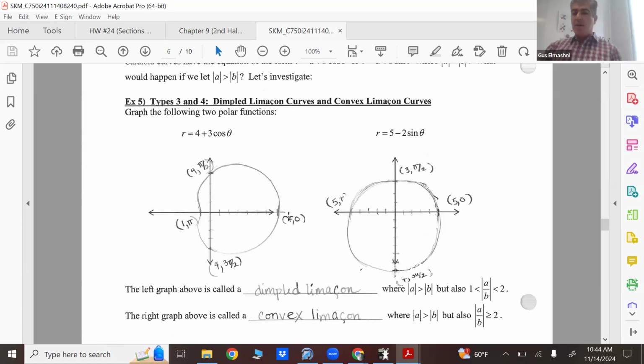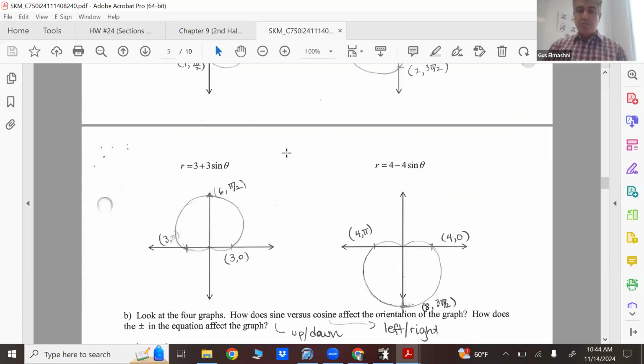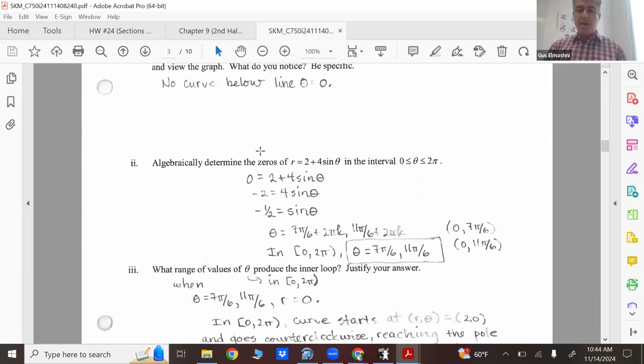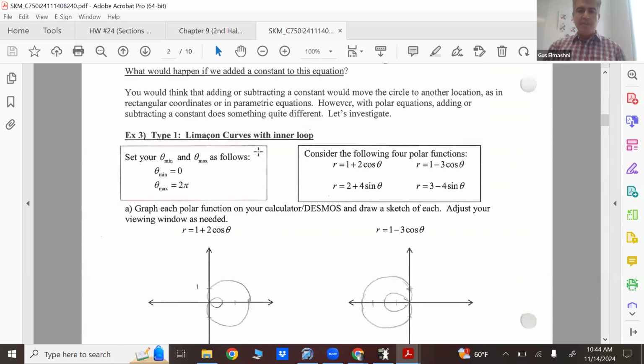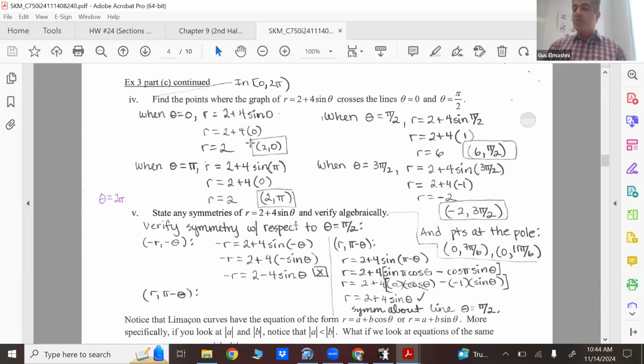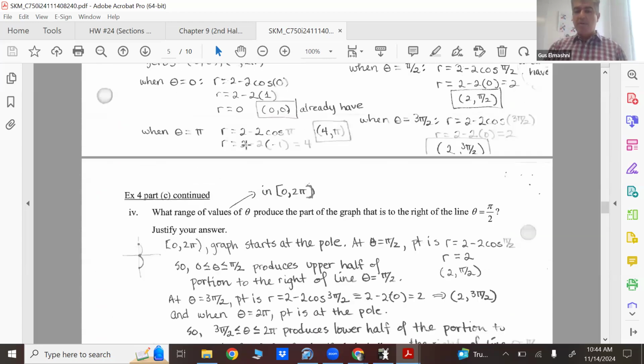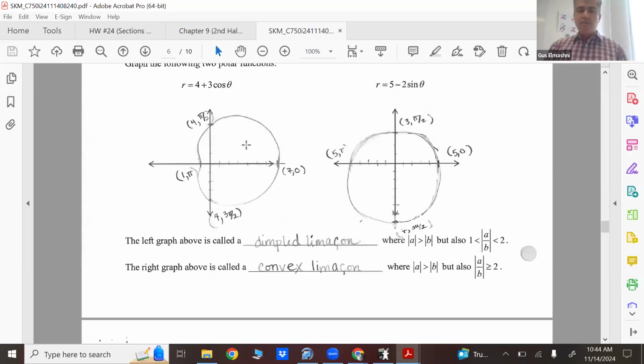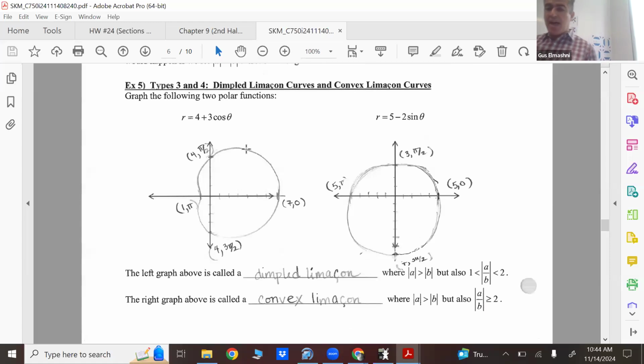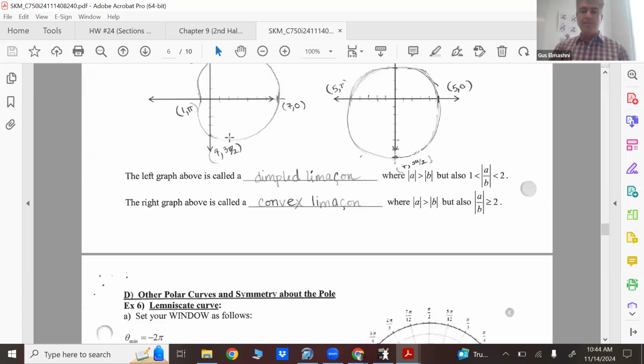Dimple limacon and convex limacon look like this. So we've done limacons already. What we just did was a limacon, that had a loop. But sometimes these loops vanish depending on what's going on with A and B. When the A value, the number that's not next to the trig function, is larger, sometimes the loops go away, or become convex, become flat. We're not going to do that today.